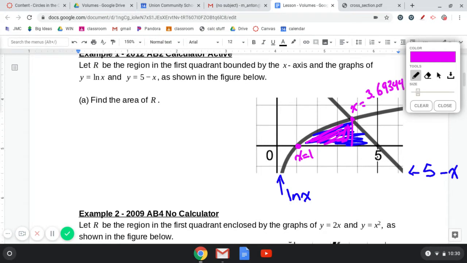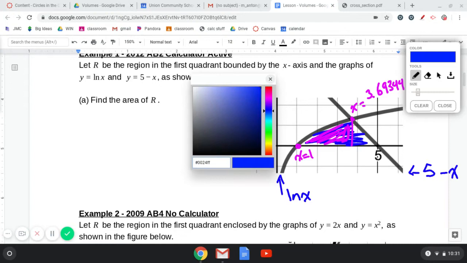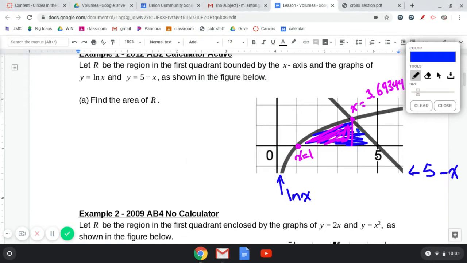And you can use Desmos to find where these points intersect. That's how you find that point. And then this blue area is this 5 minus x curve, the area under it, from the point 3.69344 to this point when x equals 5.